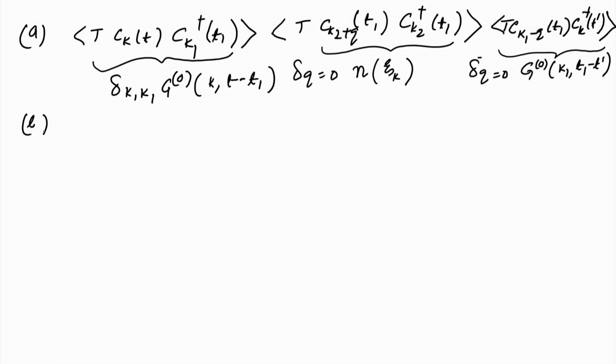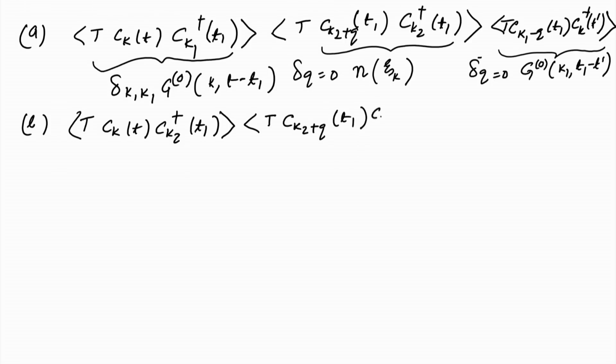Similarly, for B we have T c_k, c_k2 dagger at T1, c_{k2+q} at T1, c_{k1} dagger at T1, and c_{k1-q} at T1, c_k dagger at T prime.